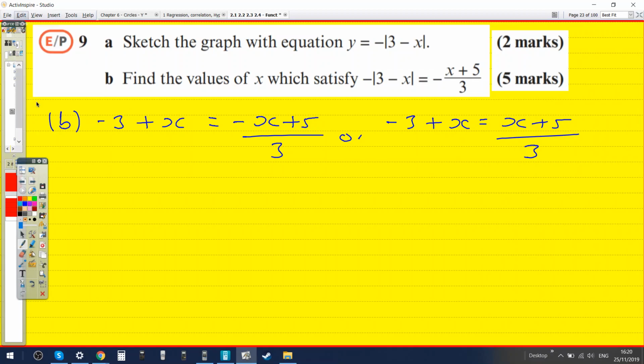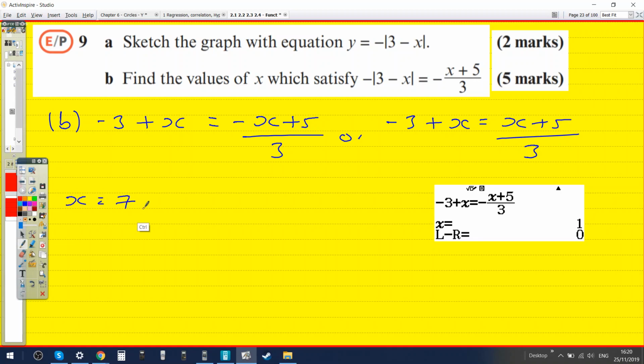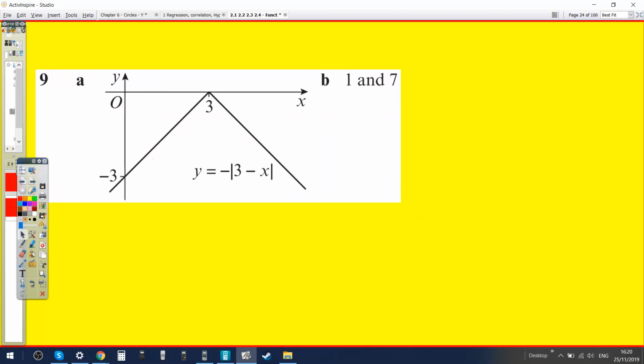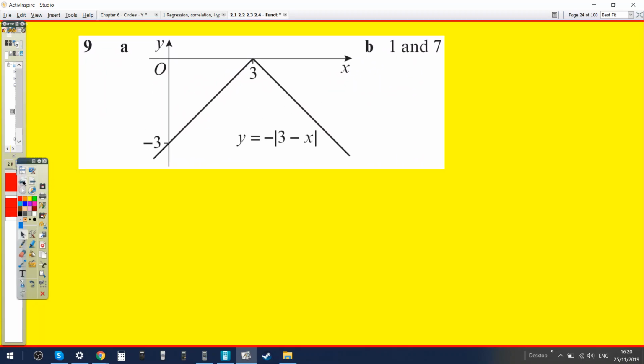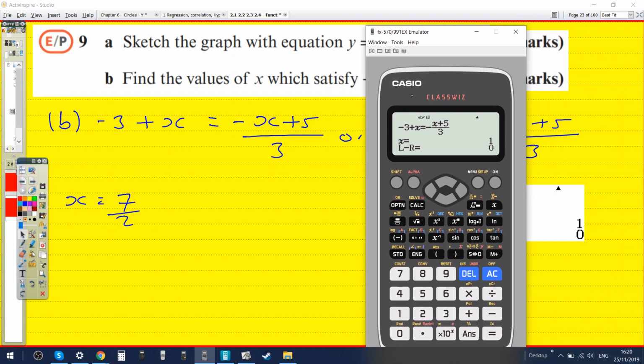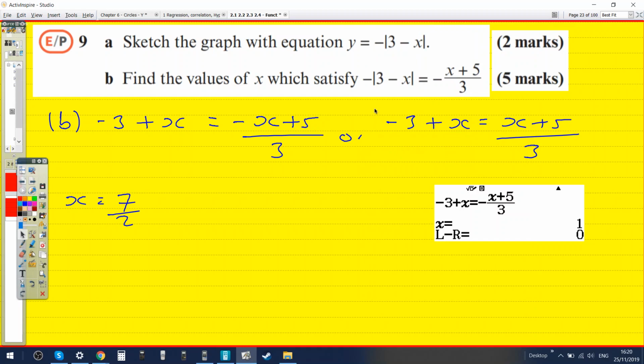I got minus 7 over 2. Okay, I got plus 1. So x equals, was it minus 7 over 2? Or plus? Yeah, I got positive 7 over 2. Okay. I got positive 1. Let's see. So we had minus 3 plus x.